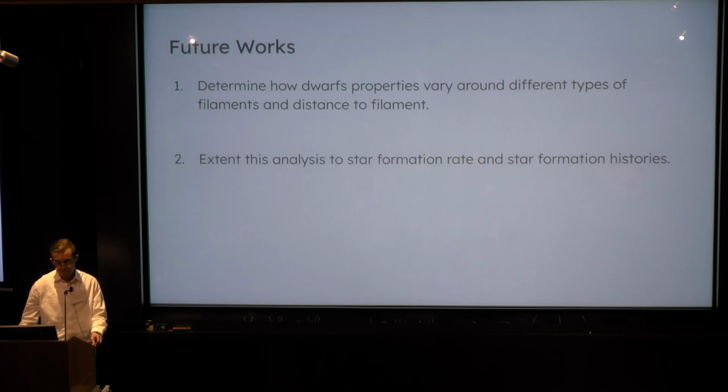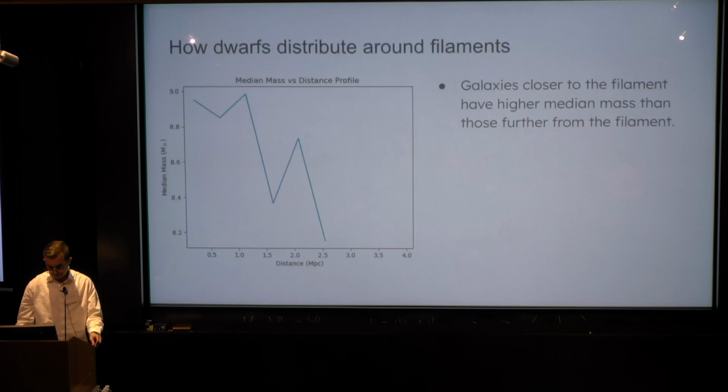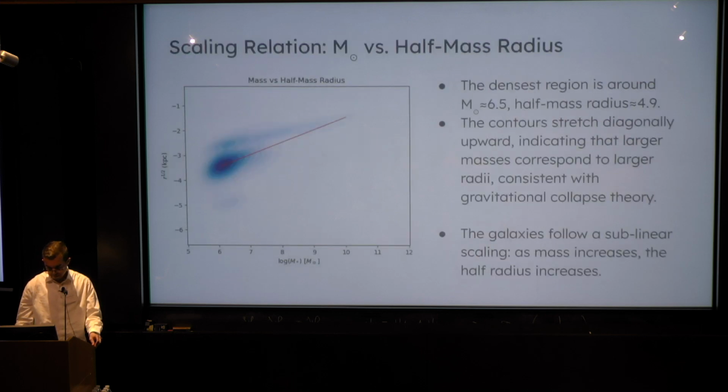The mass versus radius plot had the main blob and then the little blob above. So the above one means at a certain mass, most of them are kind of small, but some of them are a little bigger, I guess. Would that maybe have anything to do with how far they are from the filaments?